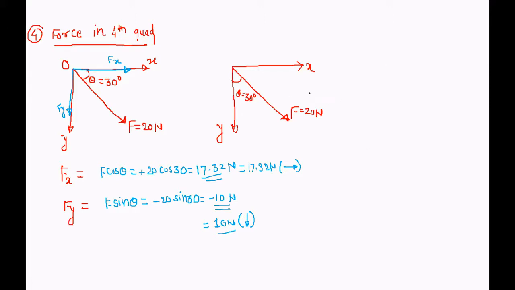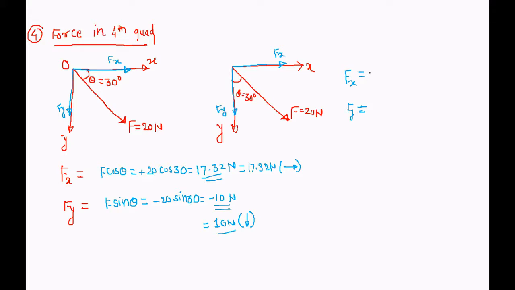So for the second case, Fx and Fy. As x component, it is the opposite component, and angle is given with respect to y-axis. That means Fy is nothing but the adjacent component.